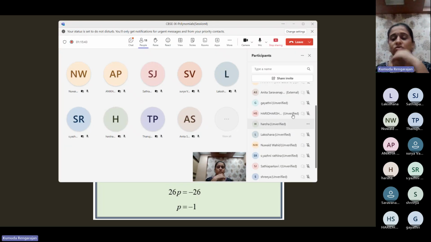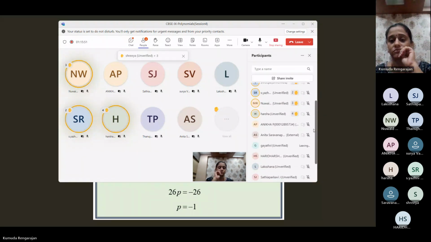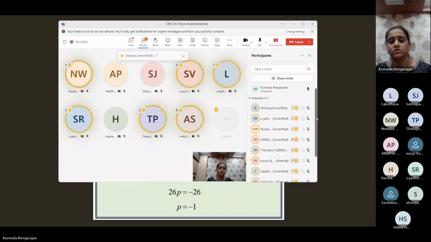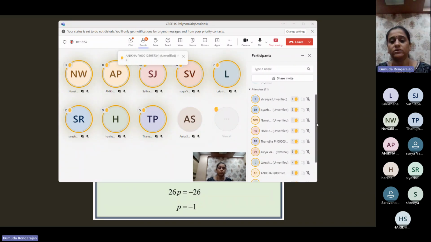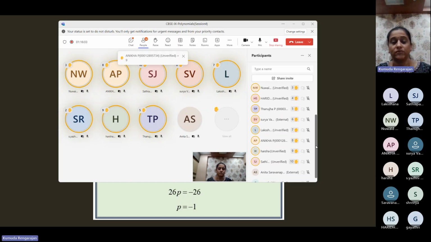Okay, class, use the emoji, raise your hand. Use the raise hand option and raise your hand, children. Shreya, Yarni, Nuved, Haridarshan. I forgot who's in.